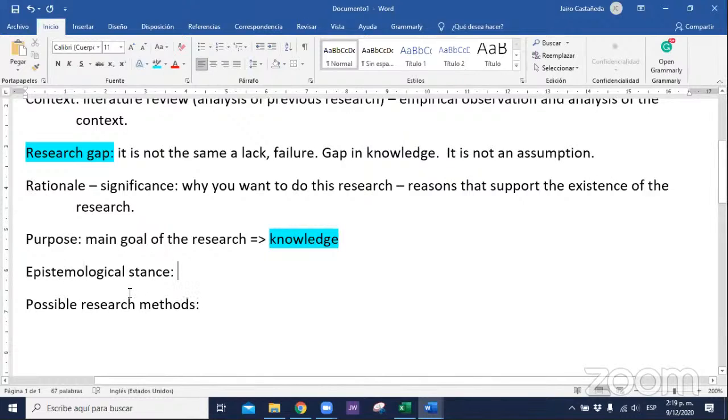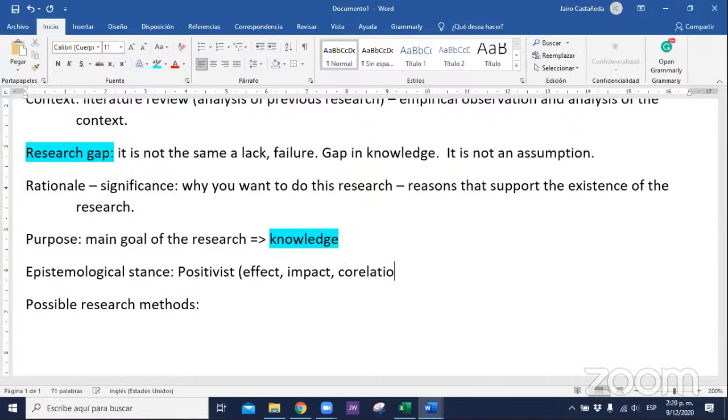For example, if you are positivist, you can have words like effect, impact, correlation, description.